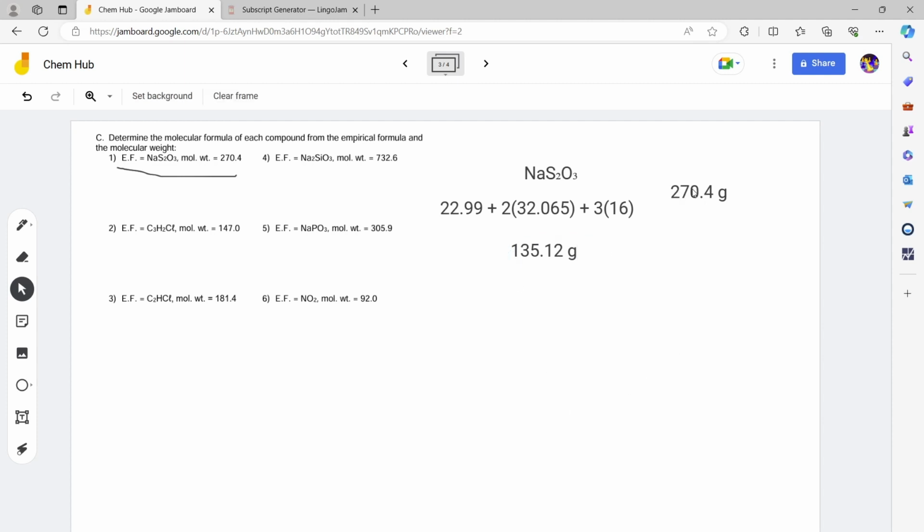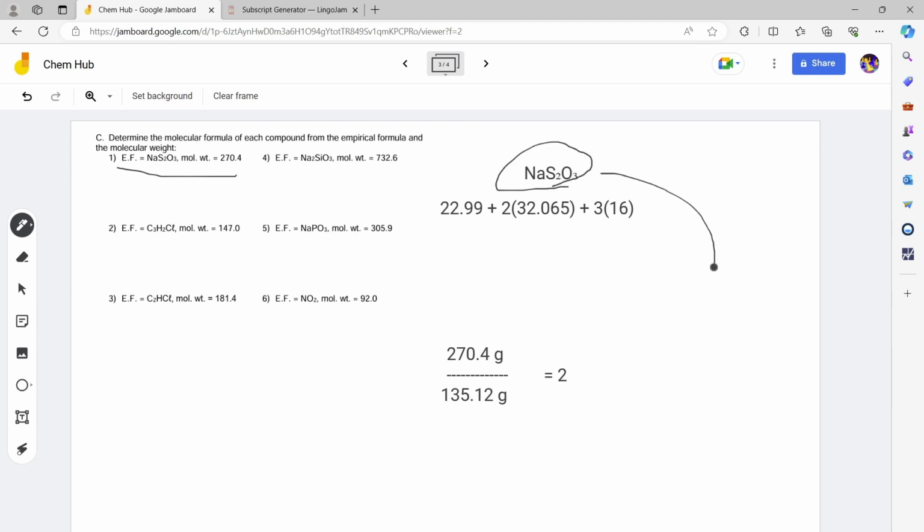Now, very simply, if we want to find the multiplier that we need to go from empirical to molecular, you just take the molecular weight and divide it by the molar mass. So we're going to divide these numbers. And that yields us about 2. So what do you do with this 2, you might ask? Essentially, this is going to act as our multiplier. And we're just going to multiply all of the subscripts in the empirical formula to create the molecular formula.